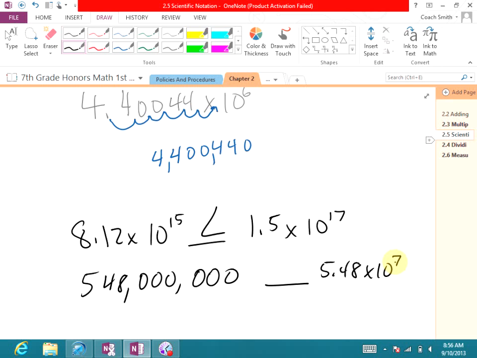Well, that's once, twice, 3 times, 4 times, 5 times, 6 times, 7 times, 8 times. So that's 5.48 times 10 to the 8th. Well, obviously then, which one is larger, 5.48 times 10 to the 8th or 5.48 times 10 to the 7th? 10 to the 8th. Okay, so it's greater than sign. Okay, not real hard. Fairly simplistic.